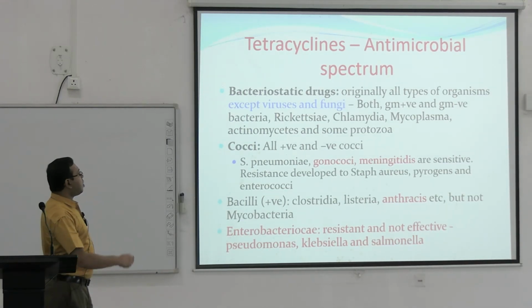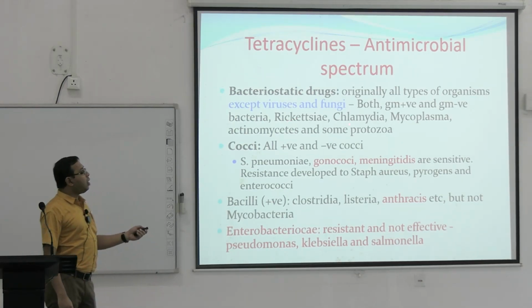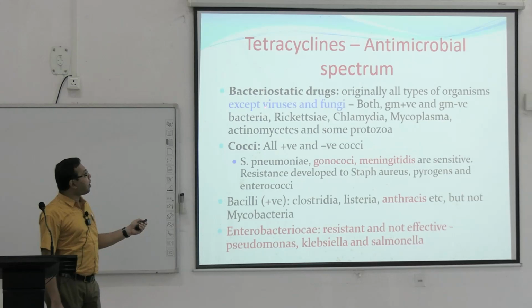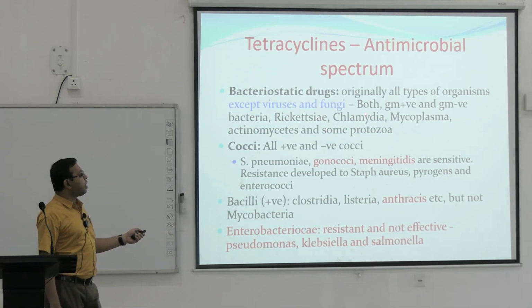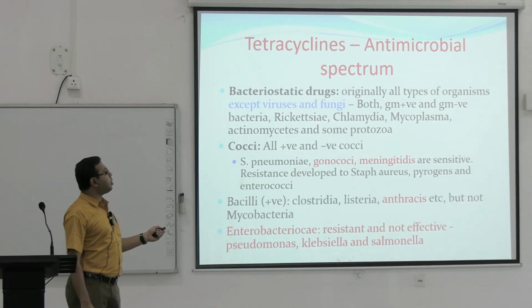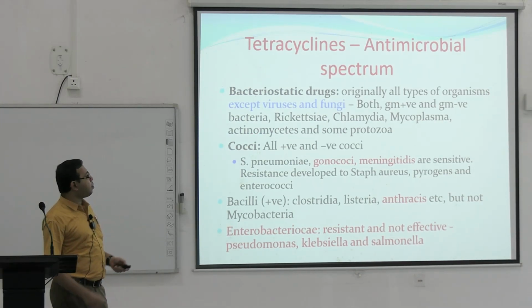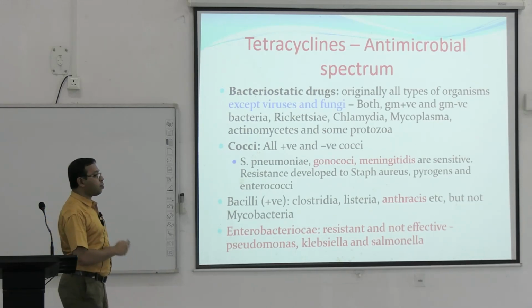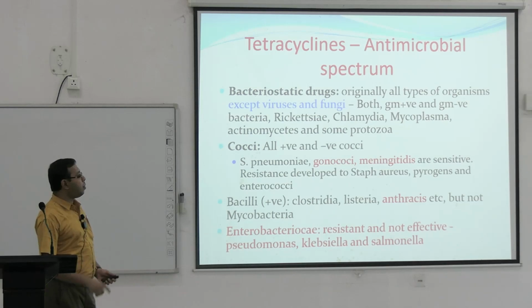Antimicrobial spectrum: they are bacteriostatic drugs. Originally all types of organisms except viruses and fungi, both gram-positive and gram-negative bacteria, rickettsiae, chlamydia, mycoplasma, protozoa, all are susceptible. All positive and negative cocci are susceptible. Streptococcus pneumoniae, gonococci, meningococci are sensitive.